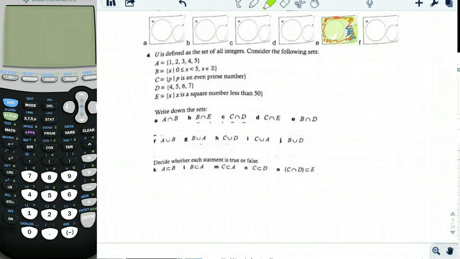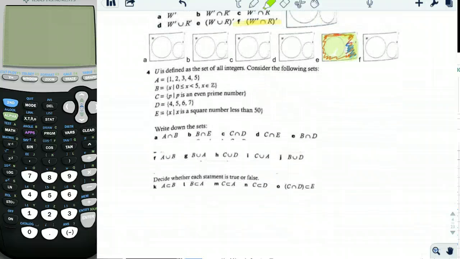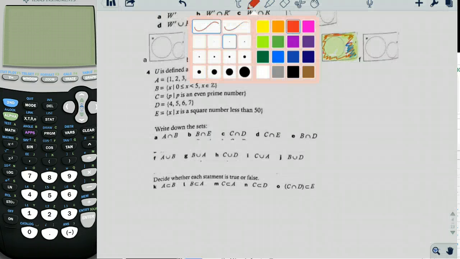Let's see. And then number 4, U is defined as a set of all integers. Consider the following sets. And I didn't ask you to do all of these, but we'll just do a few.